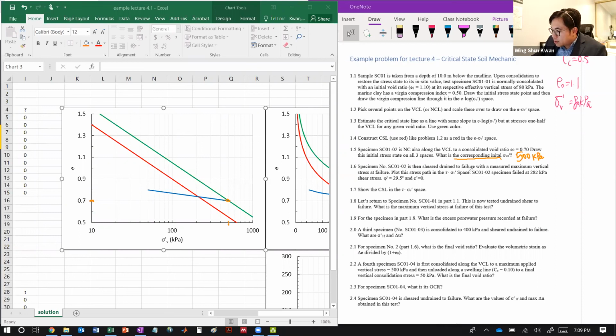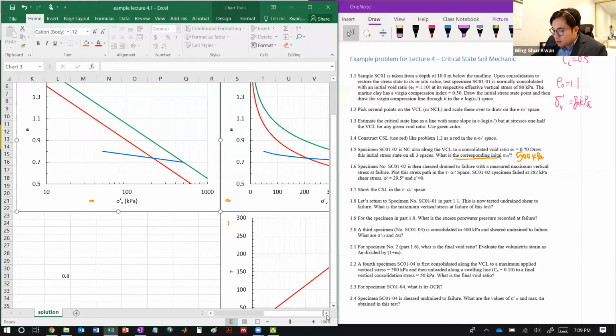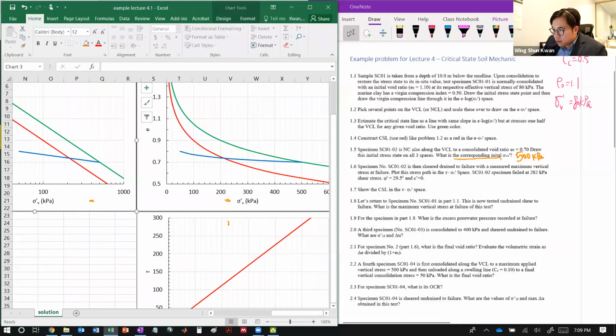And pretty much now it tells you the specimen failed at a stress of 282 and a friction angle of 29, and the cohesion is 0. So this brings it up to doing the, oh, sorry, I think before I move on, I better erase what I've drawn.